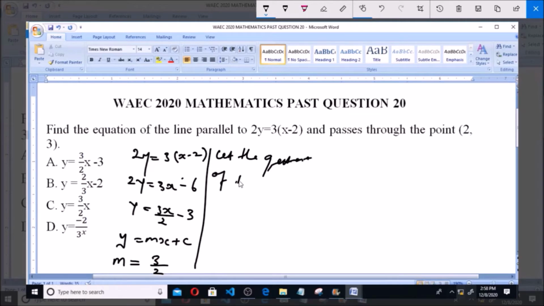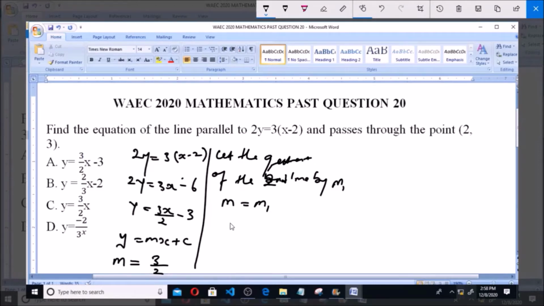Now we can say, let the gradient of the second line, which is the line parallel to this other line, be m1. So now since it is a parallel line, m is equal to m1, that is, the gradients of parallel lines are equal.